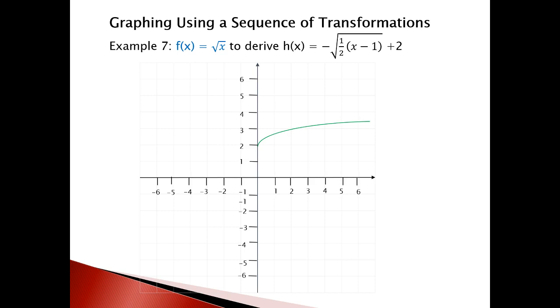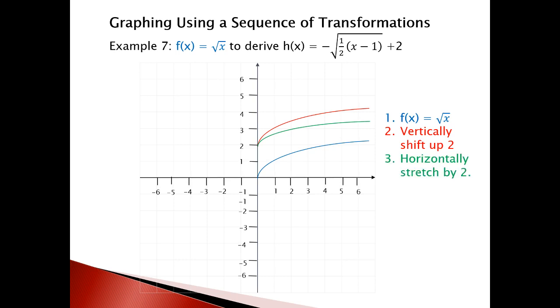First of all, what we have to do is sketch f of x equals the square root of x. After that, we vertically shift the given f of x, which is in red, 2 units upwards.